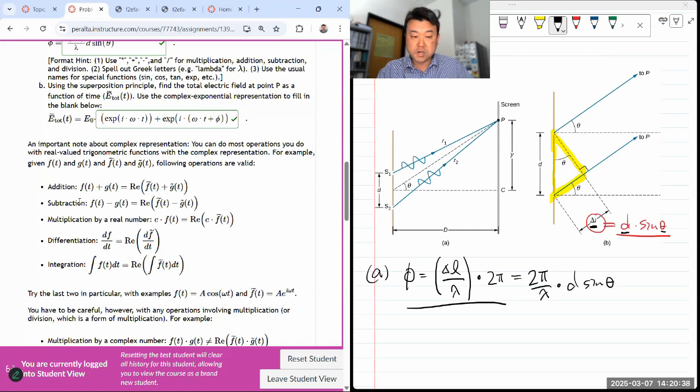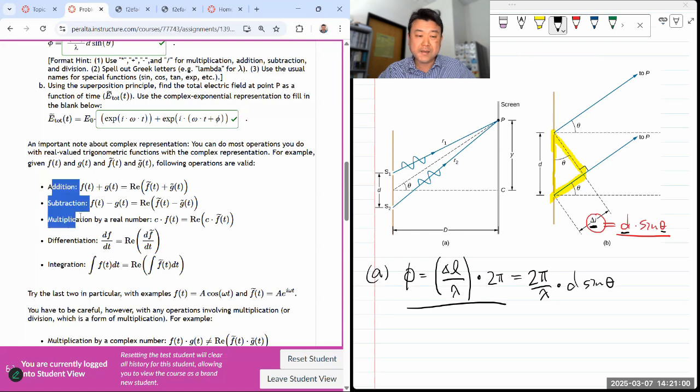You can do addition, subtraction, multiplication by a real number, differentiation, and integration. And what it means by valid is you can do that operation just with the real valued functions, or you can do it with the complex version of the function and just take the real part at the end. You will get exact equality.